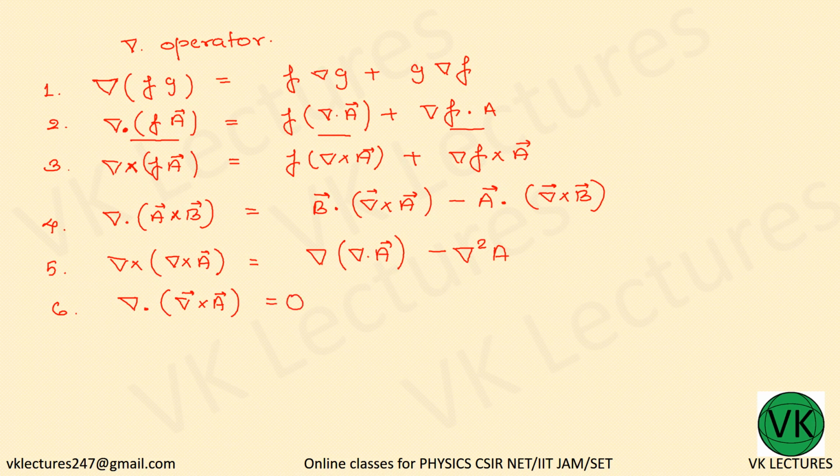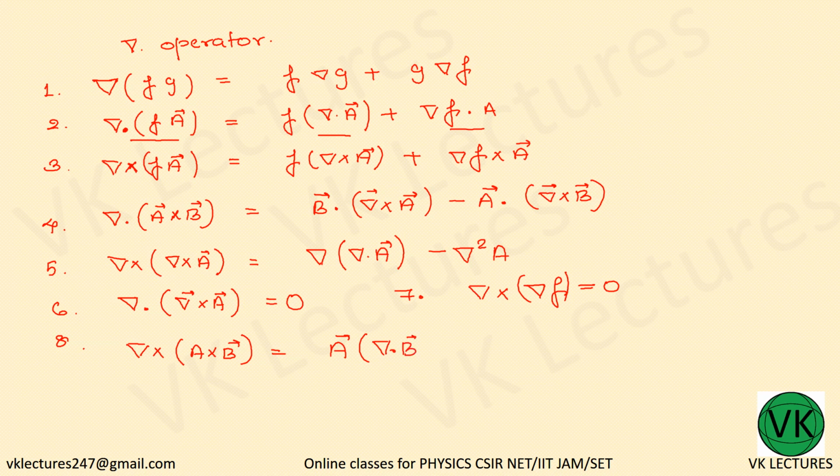And the seventh one we will write here. This is another result which yields 0, del cross del f is again 0. Now this is 8th, del cross a cross b is equal to a into del dot b.